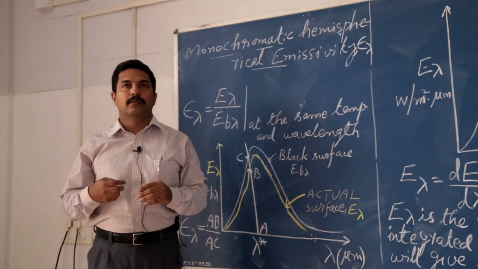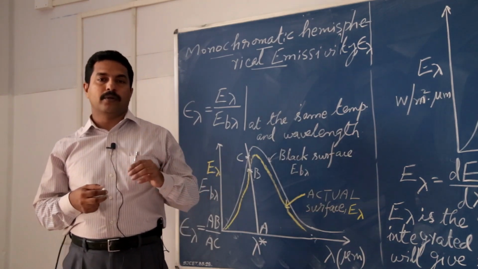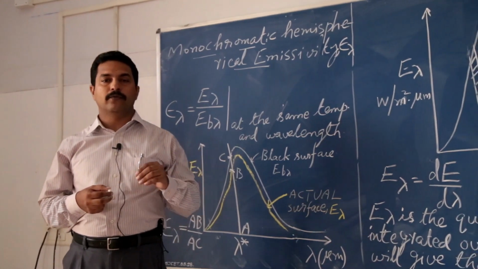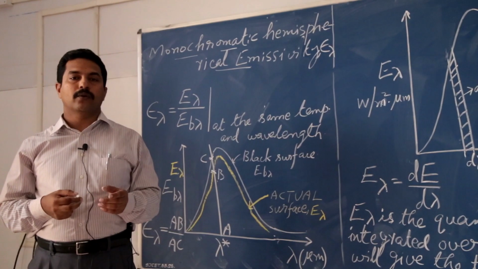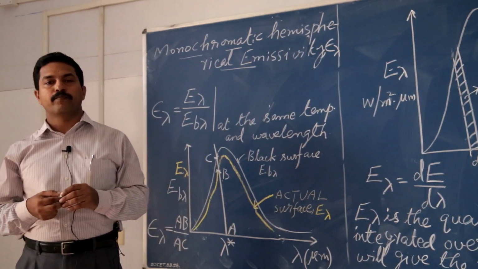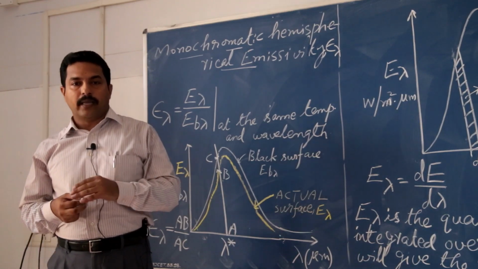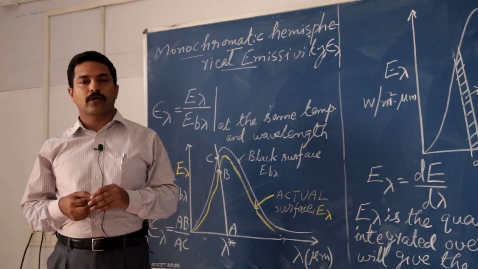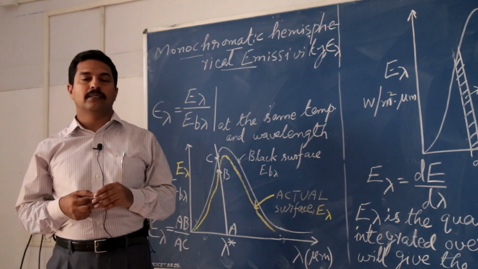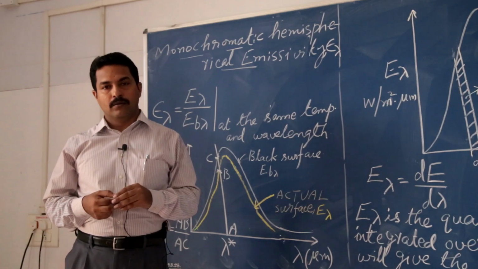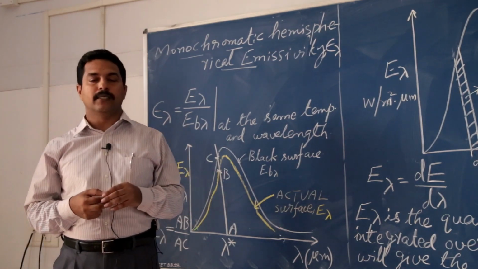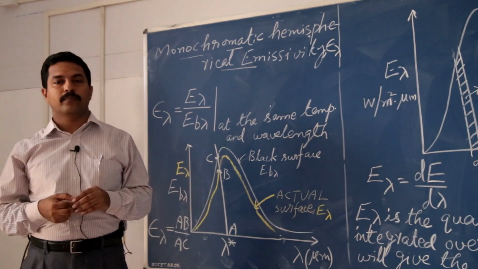Now we have learned four important terms. One is total hemispherical emissive power, denoted by E. Then total hemispherical emissivity, denoted by epsilon. The next terms are monochromatic hemispherical emissive power, E lambda, and spectral or monochromatic hemispherical emissivity, epsilon lambda.